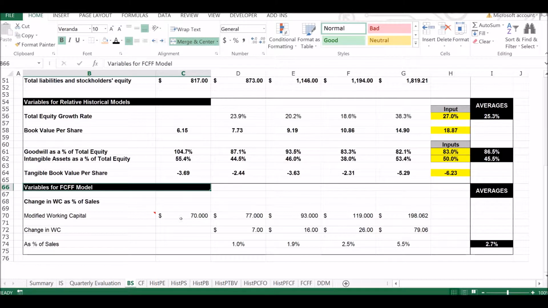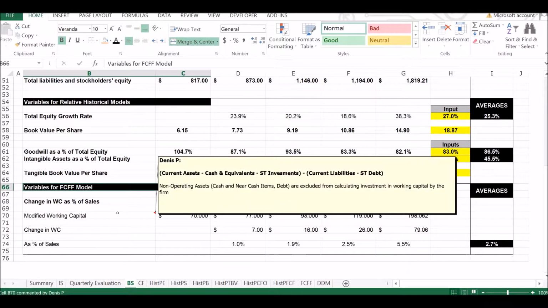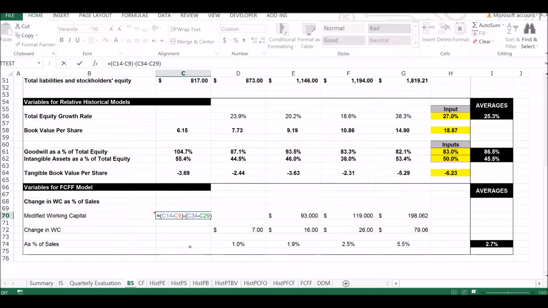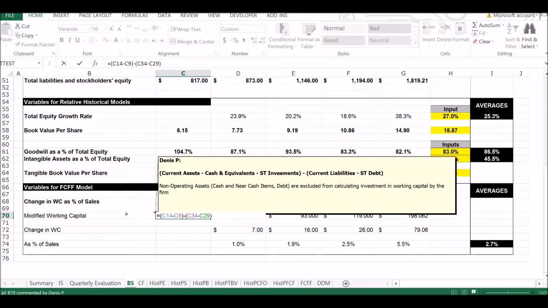So you'll see that there's a note giving you the equation itself. And when you break this down, it ultimately comes to current assets minus the cash and short-term investments, and then you subtract the short-term debt from the current liabilities, and then you get your modified working capital.